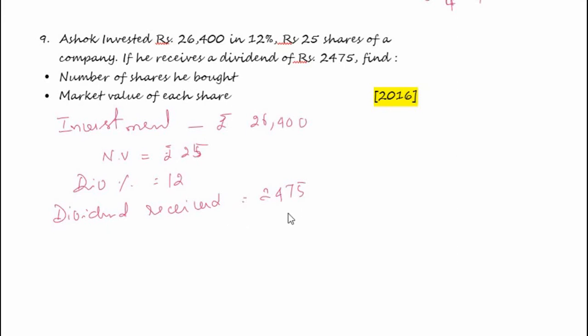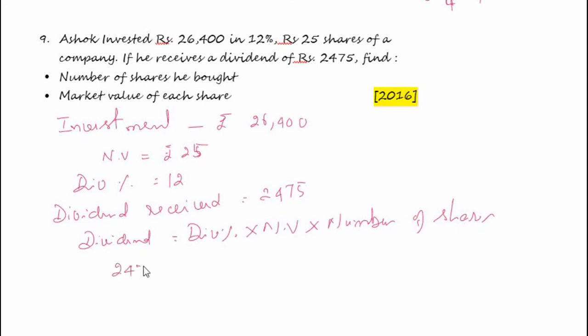Now dividend received is given. So what is the formula for dividend? Dividend is dividend percentage into NV, nominal value of shares, into number of shares. We know the dividend received, that is 2475. That is equal to dividend percentage, it is 12%. So it is 12 divided by 100 into NV which is 25, and number of shares we do not know.